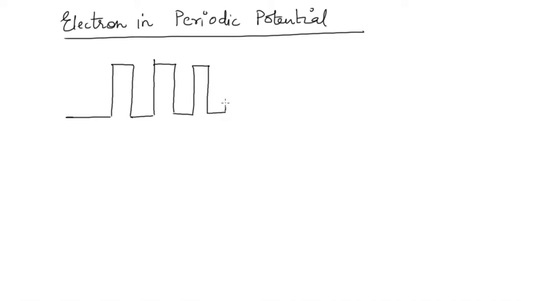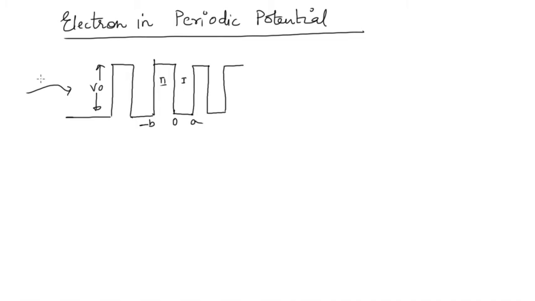So let me take the barrier from minus b to 0 and a. Let me take this as region 1 and this as region 2, and this unit repeats again and again, and the potential height I take as V0.